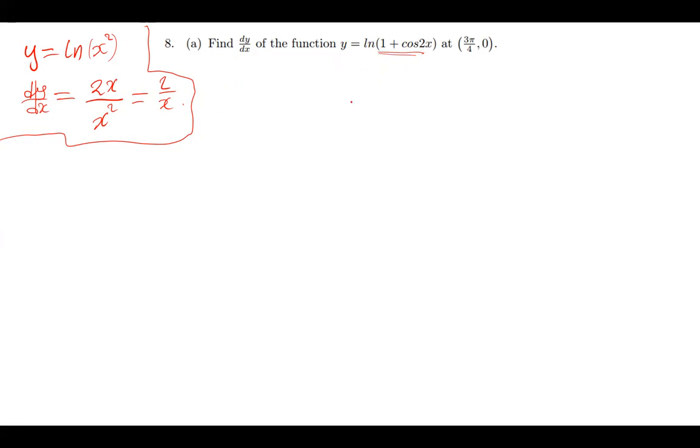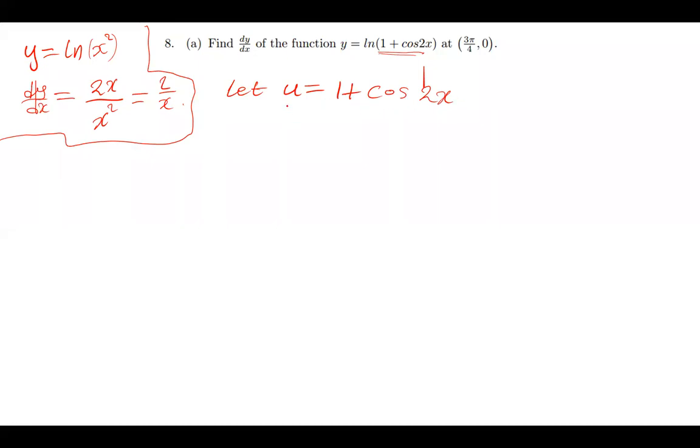So the derivative of that part, let us say, we're using the chain rule. So for using the chain rule, we're going to say let u be equal to 1 plus cos 2x.